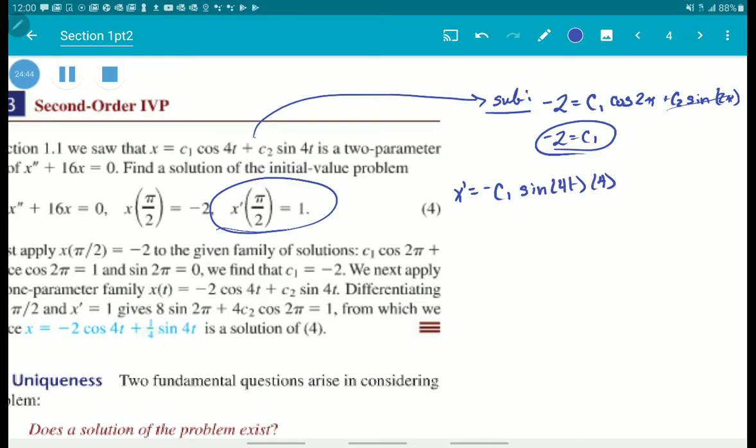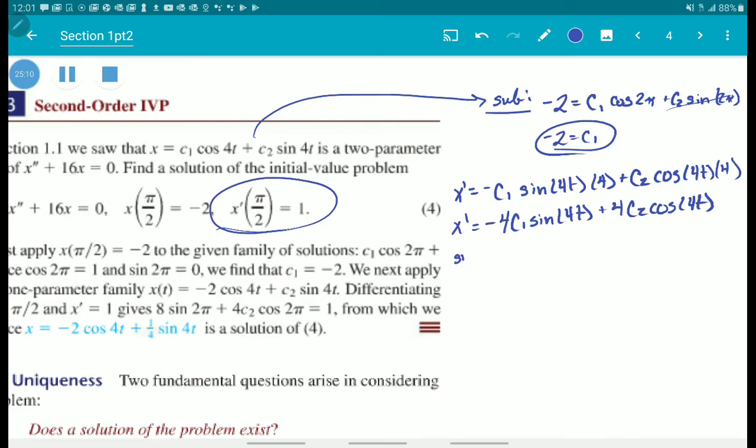Derivative of the angle is 4. Derivative of the sine is cosine. Derivative of the angle is 4. Clean it up. So we have -4c1 sine of 4t plus 4c2 cosine of 4t.